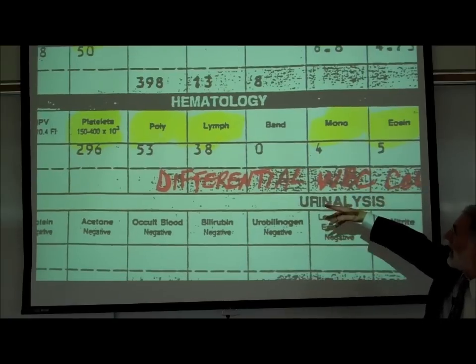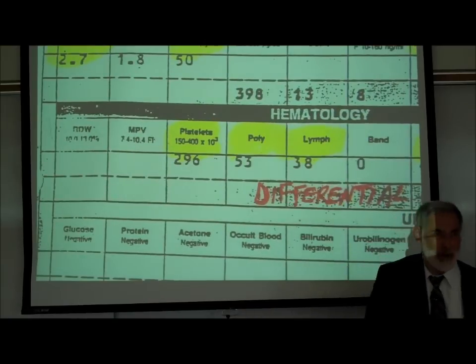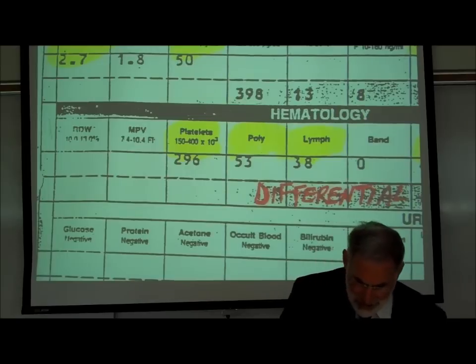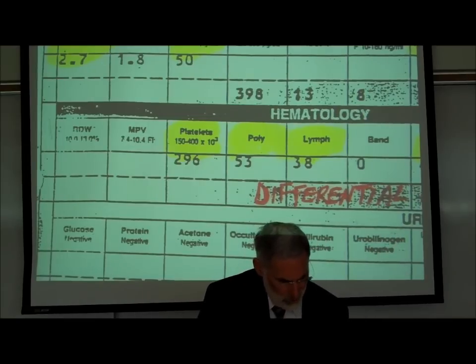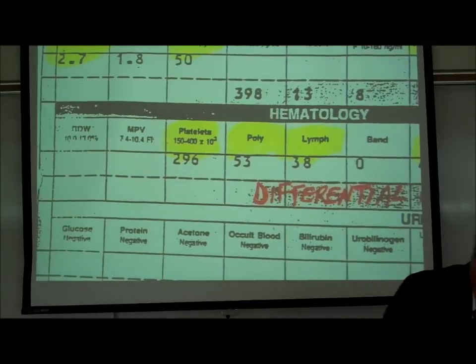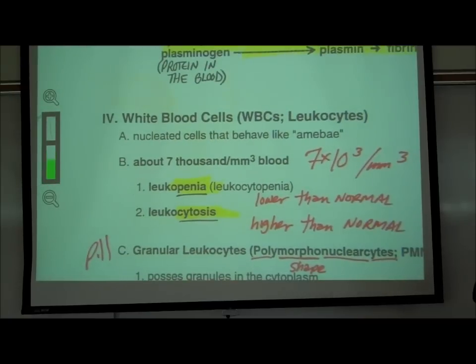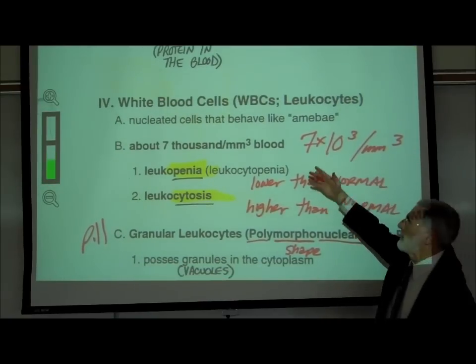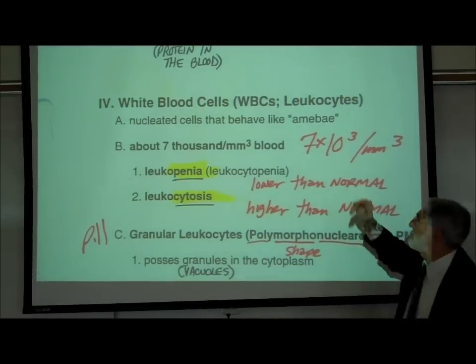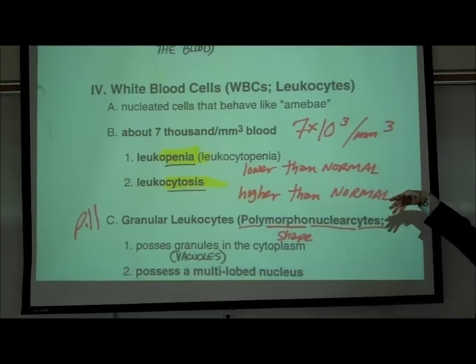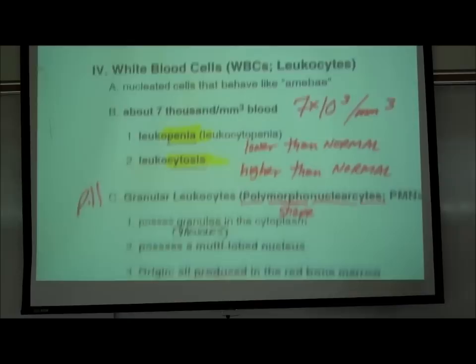Now, polys. So what are polys? If you've watched the video, we talked about this. I'll just remind you where we discussed this, on page 11 in hematology. On page 11 we mentioned that the normal white blood cell count is 7 times 10 to the 3rd per cubic millimeter. We talk about leukopenia and leukocytosis.